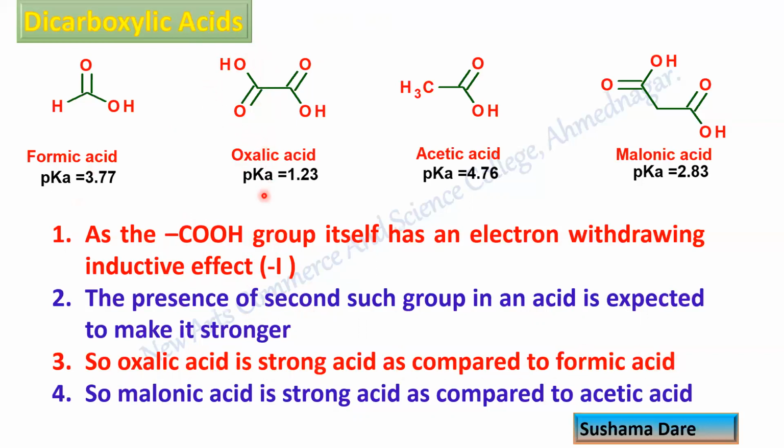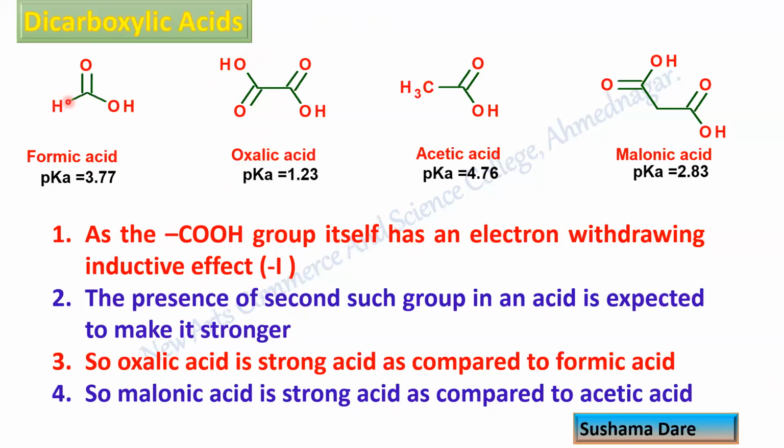The reason is, as soon as the minus I effect increases, it automatically stabilizes the conjugate base. As the conjugate base stabilizes, the rate of dissociation is fast, and hence it is a strong acid. So malonic acid is also a strong acid as compared to acetic acid. So dicarboxylic acids are always strong acids as compared to their monobasic acids.